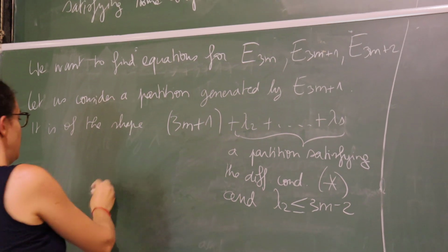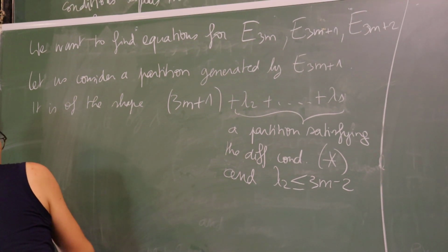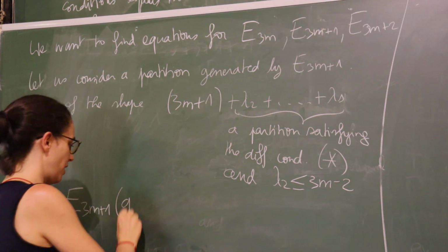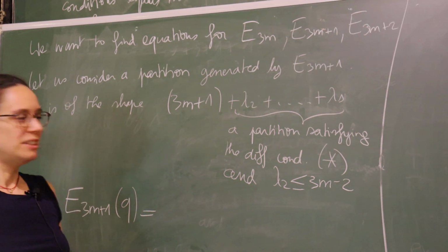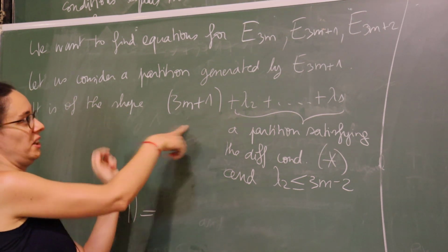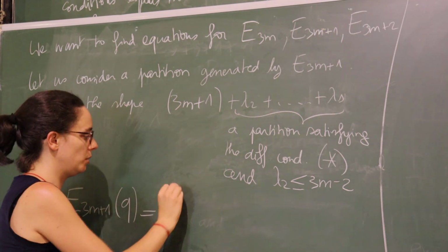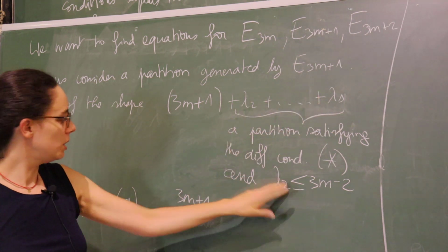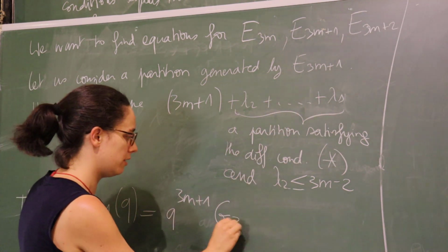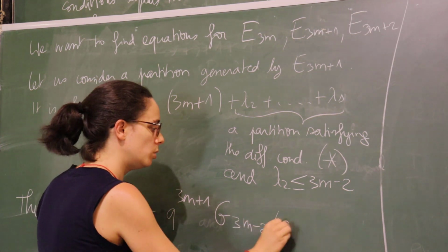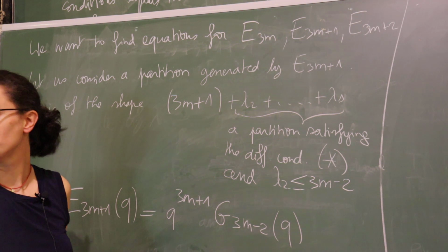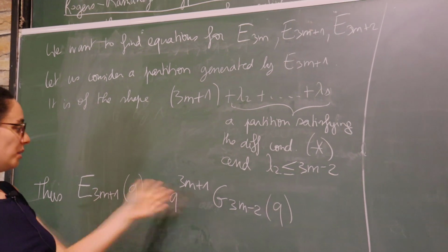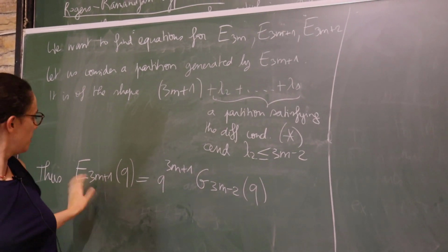So that would mean that E_{3m+1}, well, I will write q again because there are q's in the formula, is the product of the generating function for this part, which is simply q to the 3m plus 1, and the generating function for this partition, which is G_{3m-2} of q. Okay, so that's a recurrence equation, if you want, or at least a relation between some E and some G.